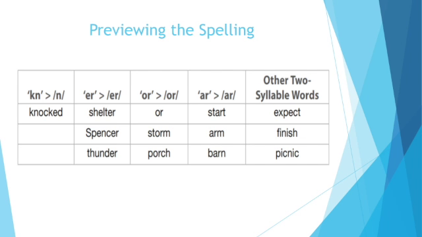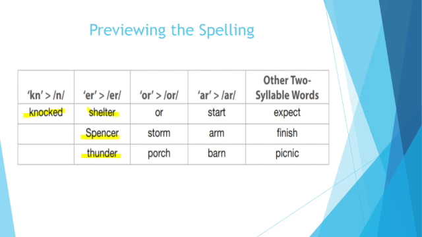We're going to see words with the KN that make the N sound, like the word knocked. We're going to see words with the ER, like the words shelter, Spencer, thunder.